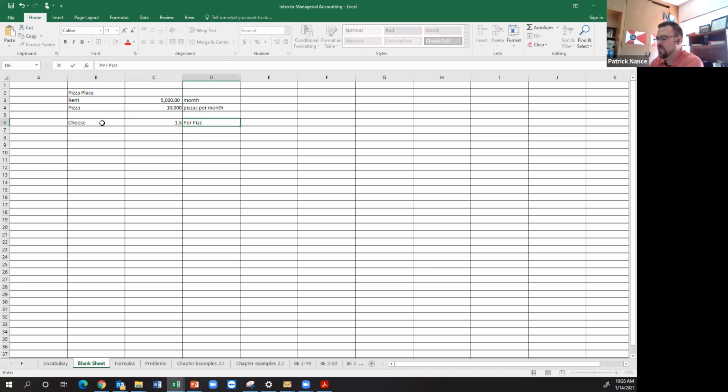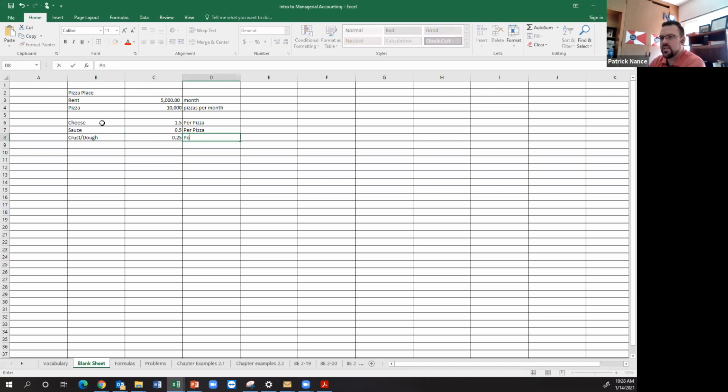So this is on a per pizza basis. Let's say that it cost me 50 cents in sauce. And let's say that the crust or the dough cost me 25 cents. This is all per pizza.